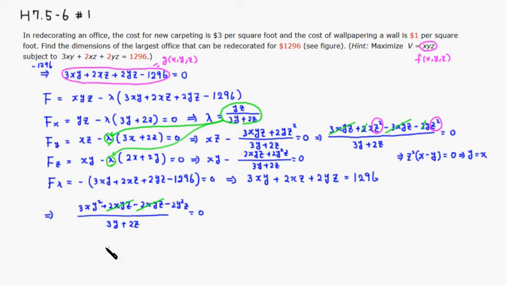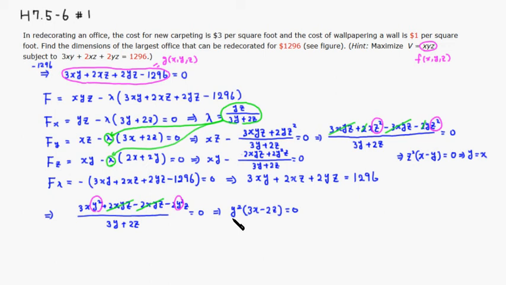So we want the numerator to be 0, but y squared is in common. So we can write it as y squared factored out 3x minus 2z equals 0. All right.